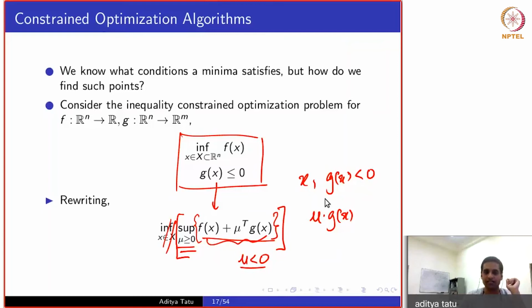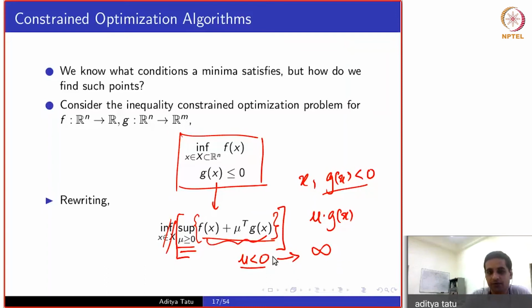If there is a point x for which g(x) is less than 0, I'm only going to increase it. And what would be the maximum value if mu is less than 0? You can make it as large as you want. So infinity. So that's one reason why we do not allow mu to be negative.